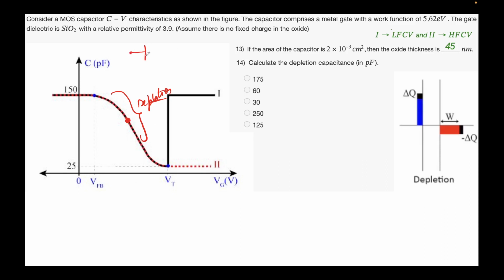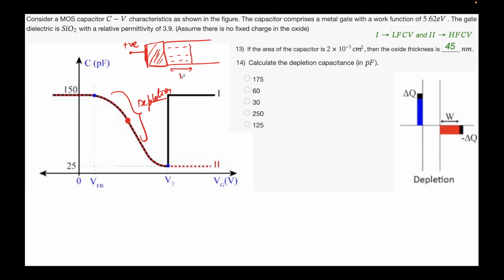Let me draw the diagram again. We have this metal pad, the oxide, and the p-type semiconductor, and you're applying a positive bias. Some of the holes are repelled away, which exposes the underlying depletion region.